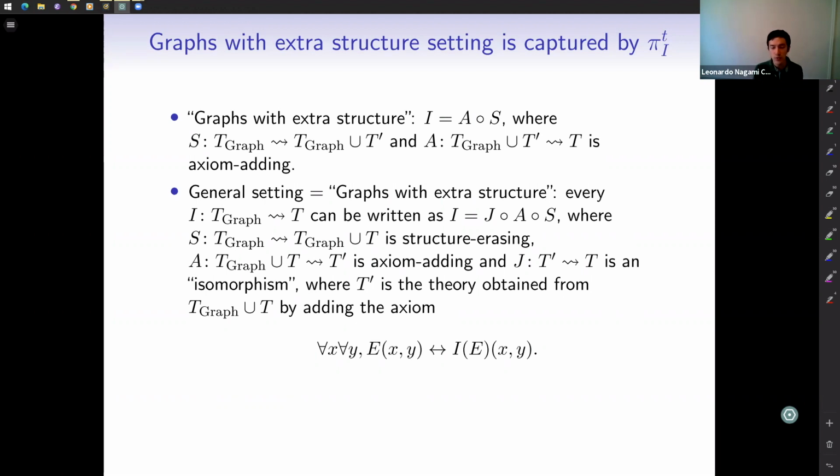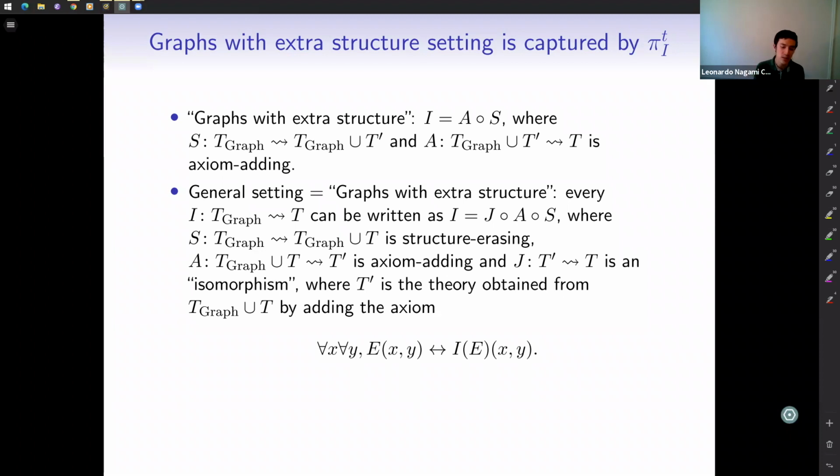You might not be able to write it as A composed with S, but you can write it as the composition of three pieces. S is, as before, a structure-erasing interpretation, A is an axiomatic interpretation, and J is an isomorphism in some sense, which I'm not going to get into the details of. What's important is that any open interpretation can be seen as just graphs with extra structure.